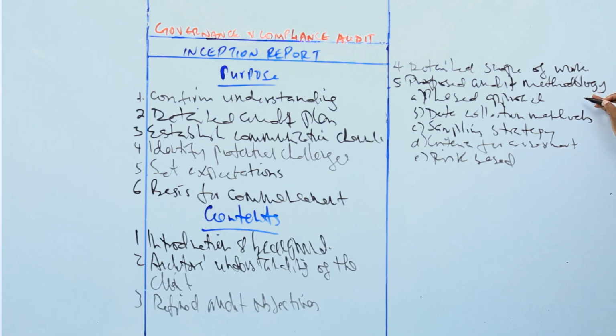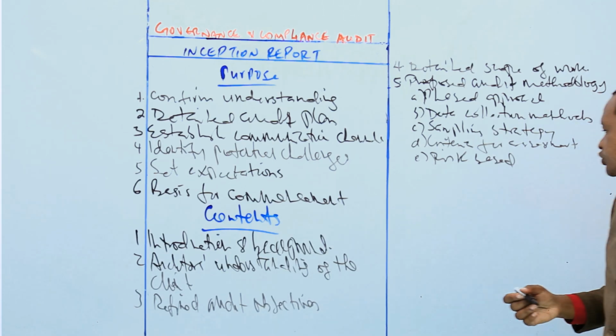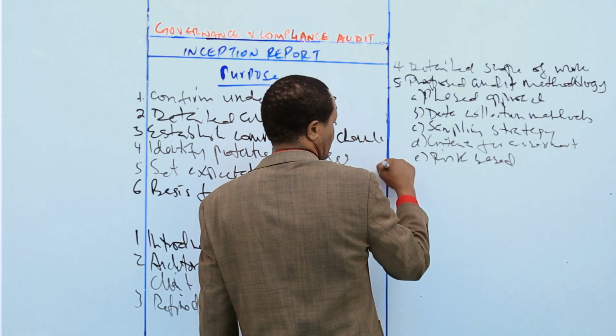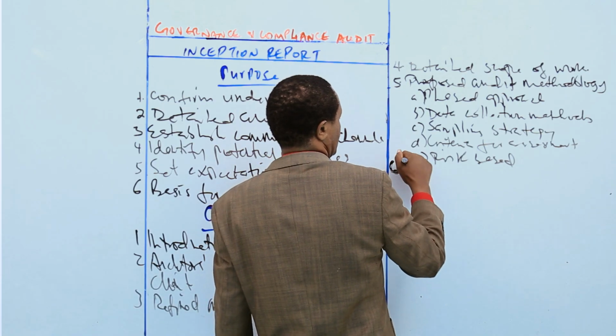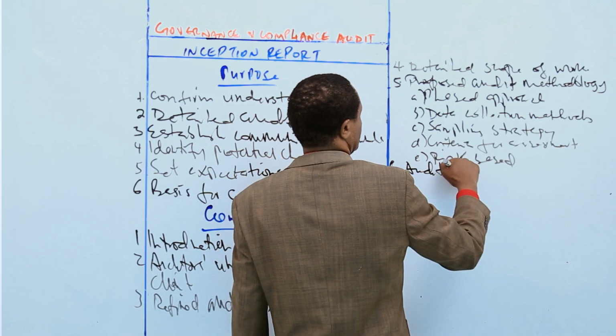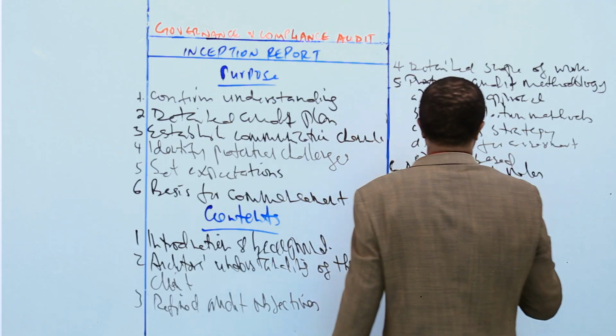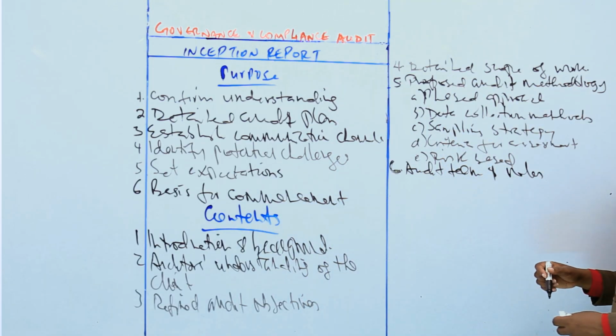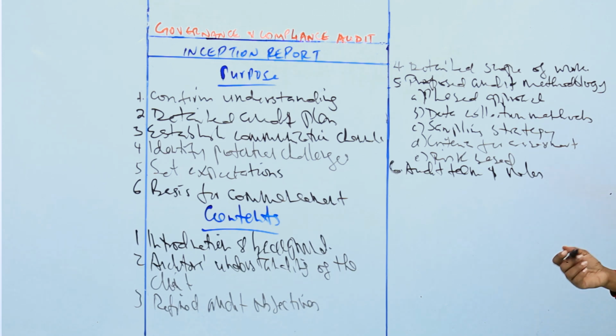The sixth one is audit team and roles. This report will contain the audit team and their specific roles. The report introduces the specific audit team members, their roles, and their relevant qualifications.